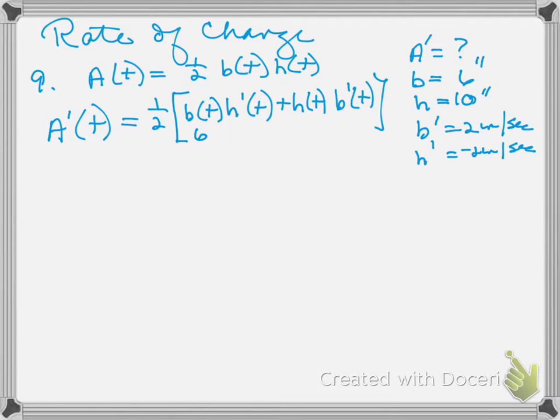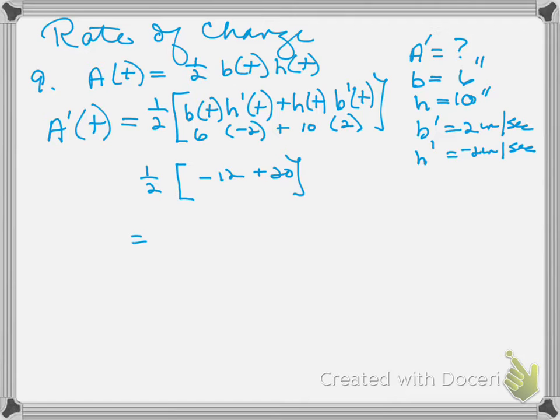My h prime is a negative 2, plus my h was 10, and my b prime was a positive 2. So in the bracket, what do I have? I have a negative 12 plus a 20. So that is going to be an 8, and I want to have 1/2 of that.